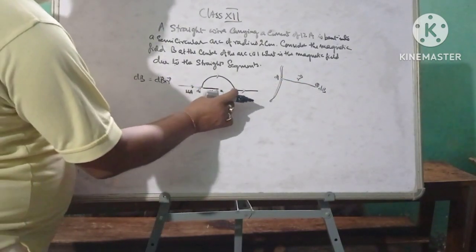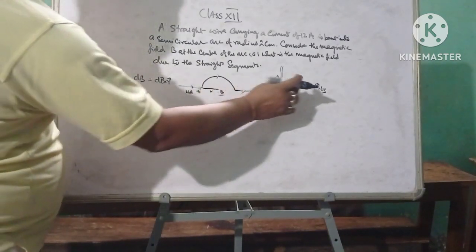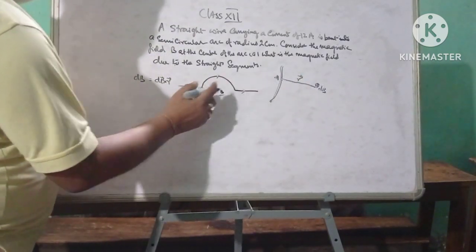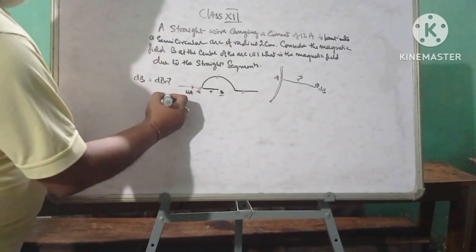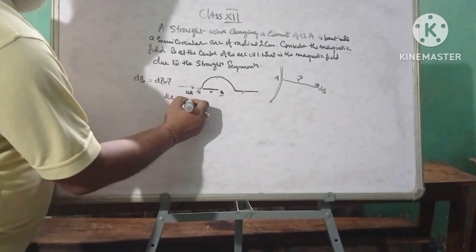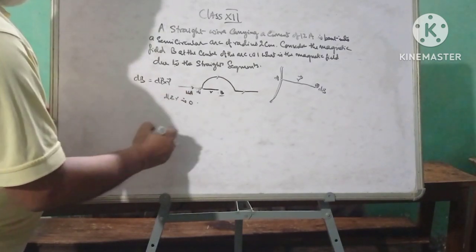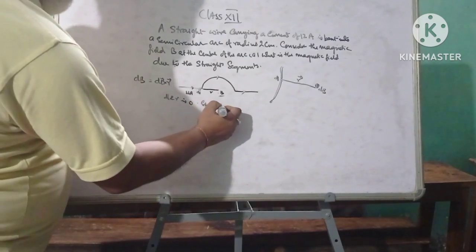Here you see that dl and r are in the same straight line. That means the angle between dl and r is 0, so sine 0 is equal to 0.